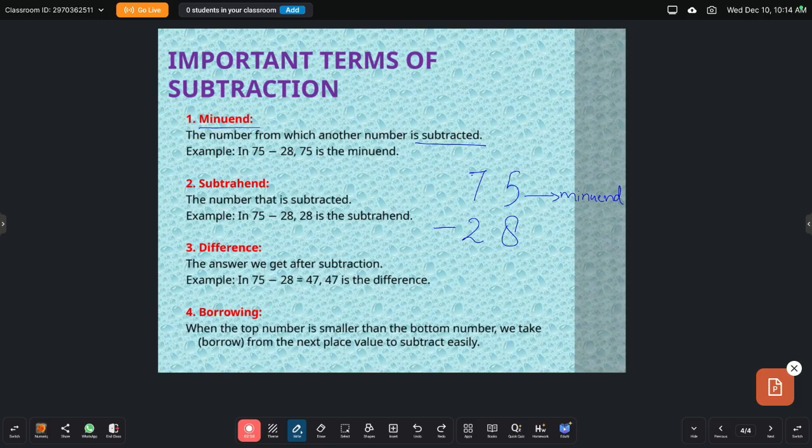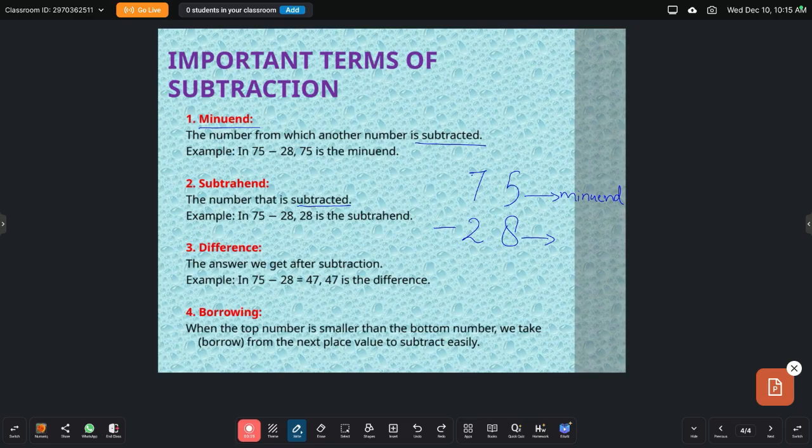It is the number from which we subtract the smaller number. This is the larger number, and the other number is the subtrahend. Let us explain this subtrahend. Subtrahend is the number that is subtracted from the minuend.